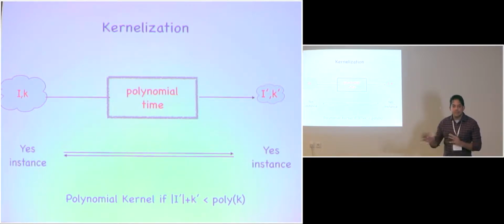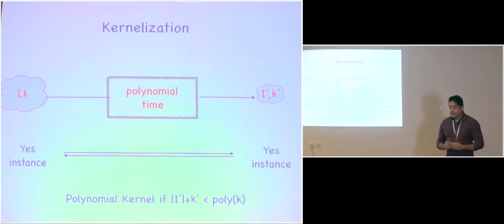Yes instances remain yes instances, and no instances remain no instances. Furthermore, the output is bounded polynomially in the parameter. Well, it is bounded by a function of the parameter if you just talk about kernels, polynomially in the parameter if you want to talk about polynomial kernels. By now, you've already seen a few examples of kernels, exponential size kernels, polynomial size kernels, so I hope you know what these terms mean.